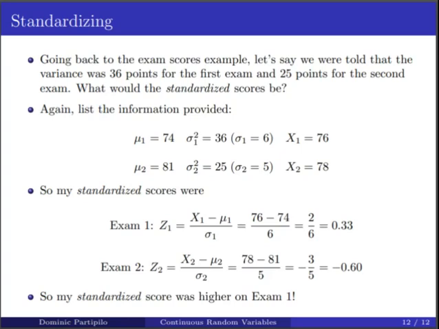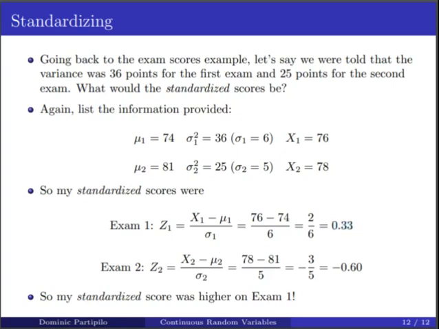So my standardized scores were the following. On the first exam, if we plug that into the formula, we would get 76 minus 74 divided by 6, which would be 2 over 6, which would be 0.33. So on the first exam, I was 0.33 standard deviations above the mean.